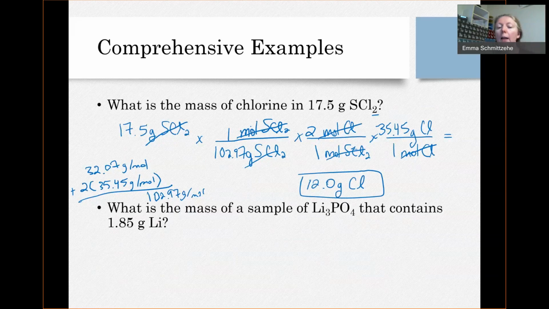Okay. Now, you could also, like I said, directly convert from grams of SCl2 to grams of chlorine if you had the mass percent of chlorine in that compound, okay? And you can calculate the mass percent of chlorine and then do this calculation with that, and you should get the same result.